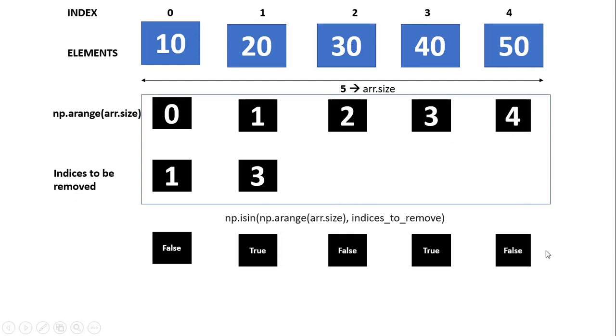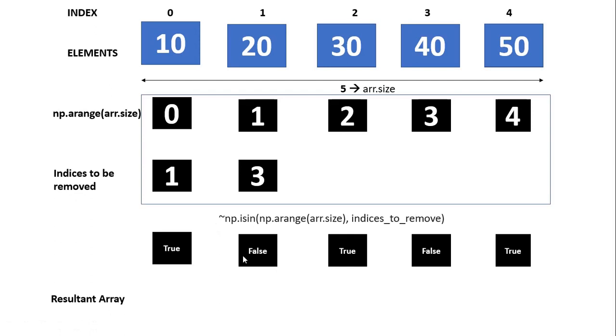So it returns false. The next step is to negate this output. And you'll soon find out why we have to negate this output. So we simply go ahead and negate this. And when you negate this output, all the Boolean values are reversed such that now the Boolean mask will look something like this, which is true, false, true, false, true. It is now time to return the resultant array.